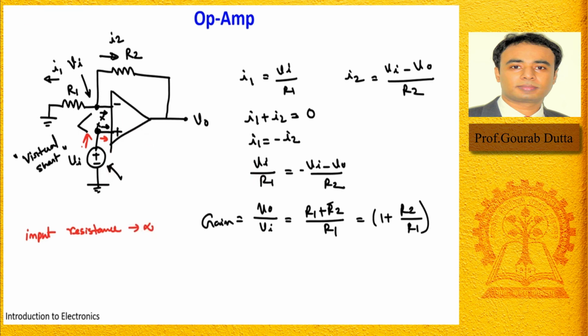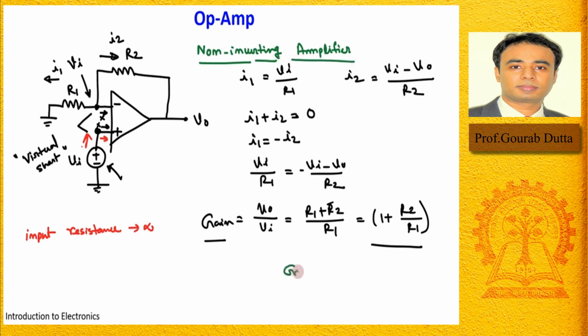So you can see then we are getting a signal which has been amplified compared to this input, right? And this type of amplifier where the signal has been applied to the non-inverting terminal is called the non-inverting amplifier. Maybe let me write it here: non-inverting amplifier, right?